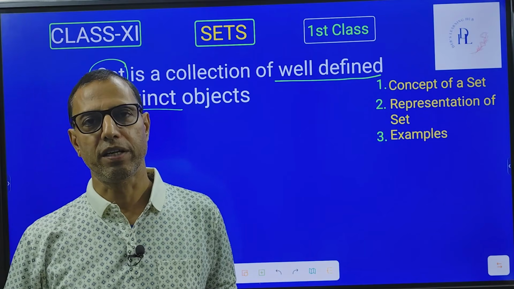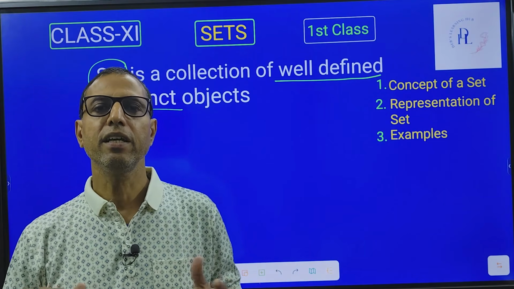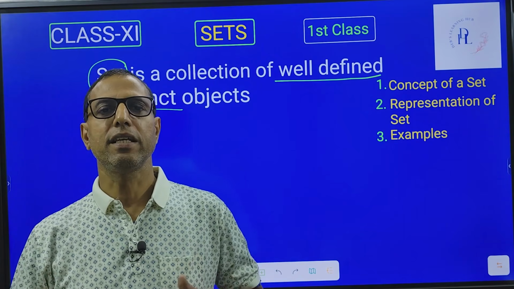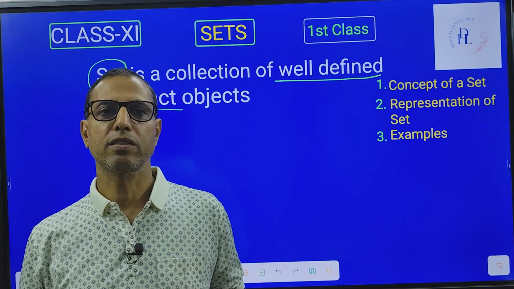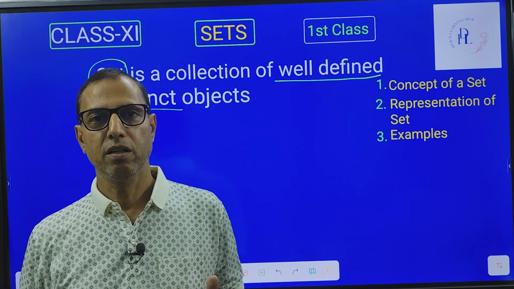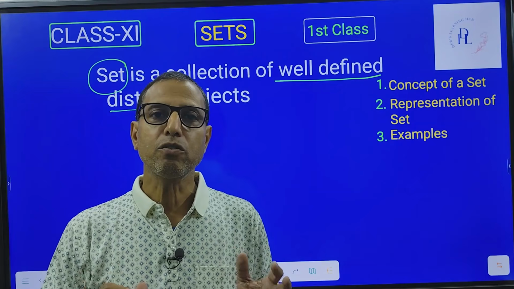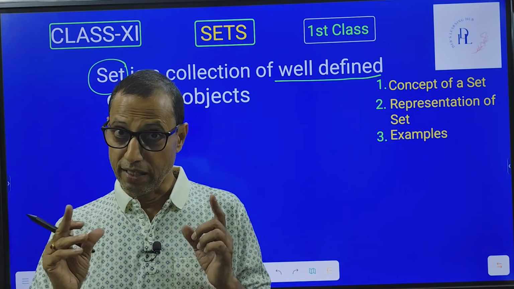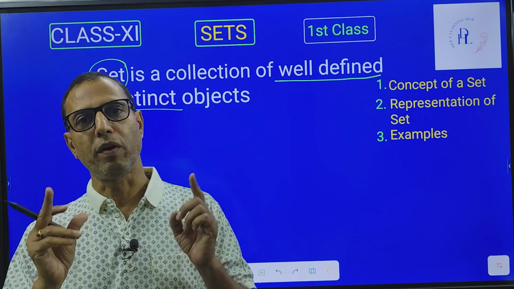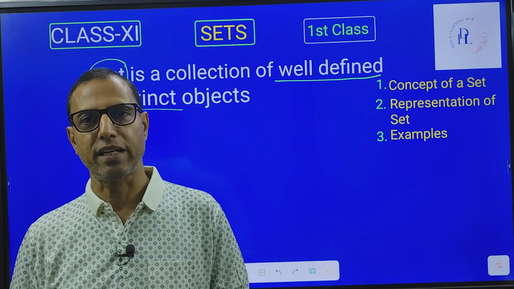It's not well defined, because big cities is a very relative term. All big cities in India is not a set, because this definition is not well defined. But if I say all metro cities in India, then it's a set, because the metro cities are well defined as well as distinct.